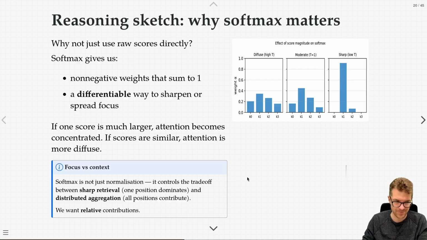So we can see this selective attention based on what I'm producing at a particular point in time for my decoder. Softmax is not just normalization. It's not just that I want to normalize all of these scores. We want to control the trade-off between these sharp instances and these distributed aggregations. We just basically want relative contributions that behave in a controllable fashion.